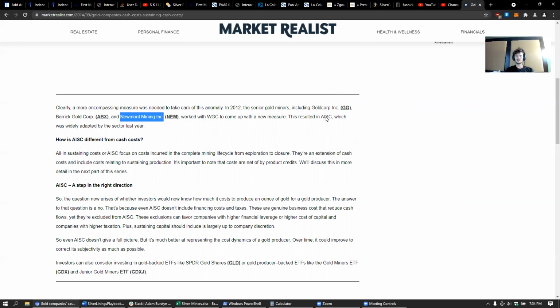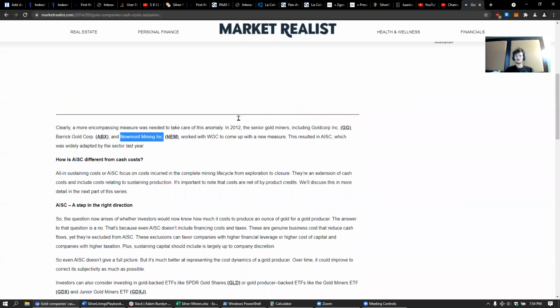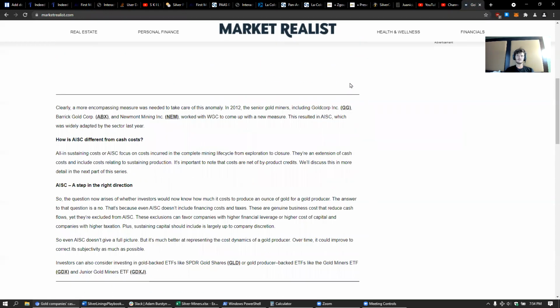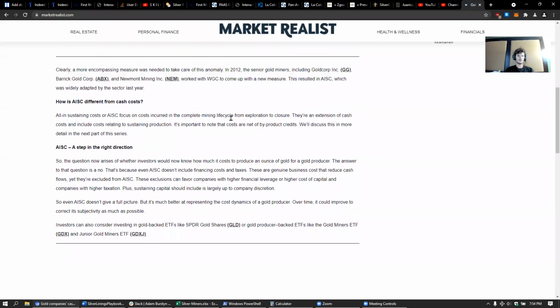So the all-in sustaining costs, AISC. How is AISC different from cash costs? And this is going to go right back to it trying to account for more of the overhead that these businesses have in their business operations. So all-in sustaining costs, or AISC, focus on costs incurred in the complete mining life cycle from exploration to closure.